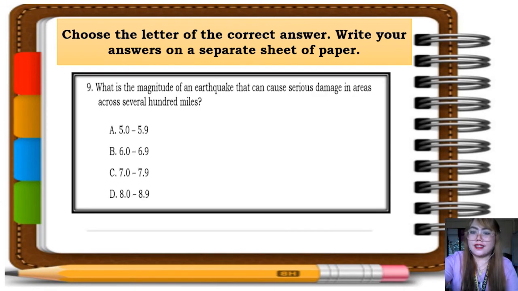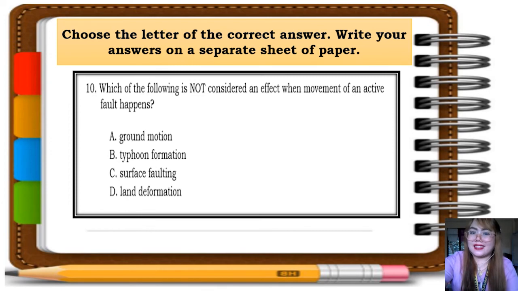Number 9. What is the magnitude of an earthquake that can cause serious damage in areas across several hundred miles? A. 5.0 to 5.9, B. 6.0 to 6.9, C. 7.0 to 7.9, D. 8.0 to 8.9.